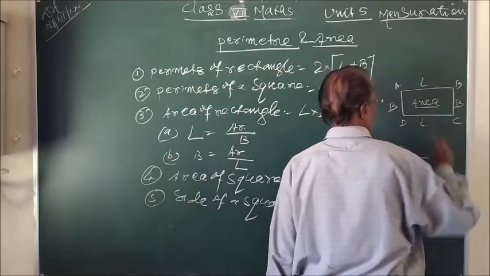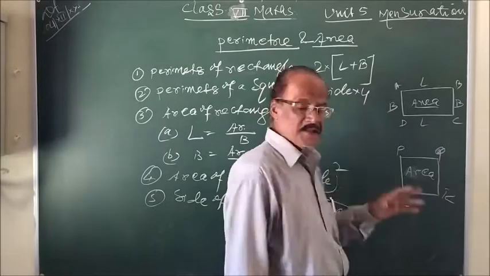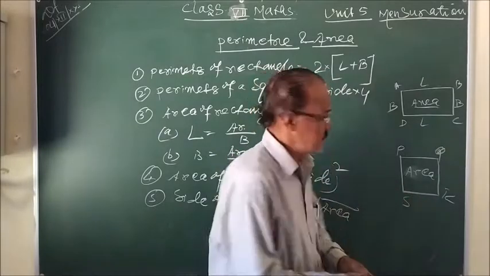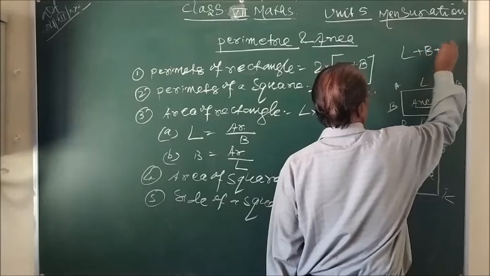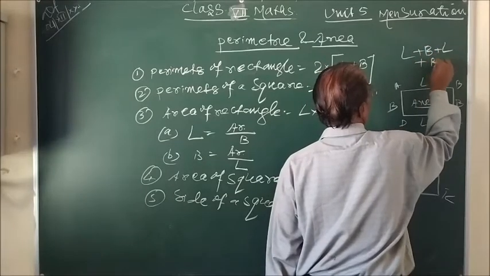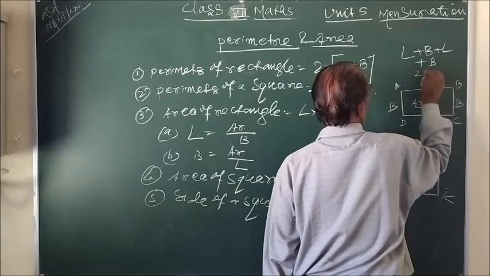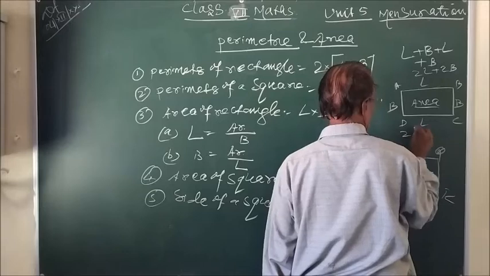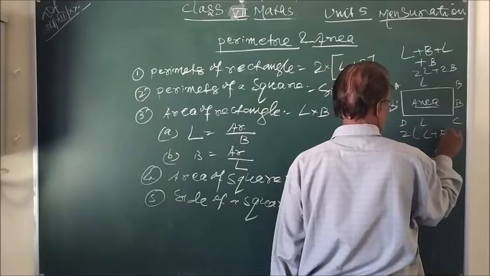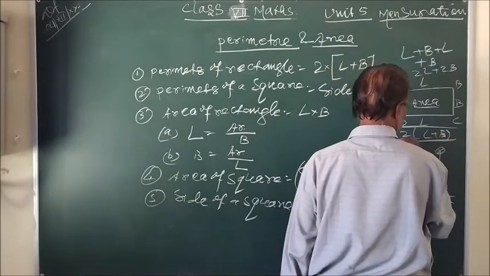As I told you, the perimeter is the sum of the lengths of all the sides: L, B, again L, and again B. So 2L plus 2B, take 2 common: 2 into (L plus B). This is the formula of perimeter.